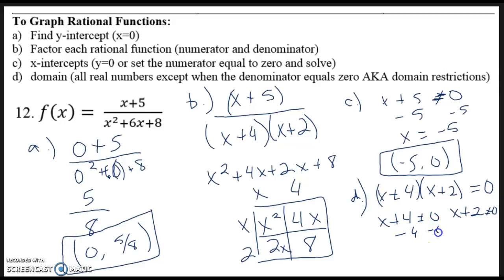Subtract 4. X can't be negative 4. And then subtract 2. X can't be negative 2. There are my domain restrictions. We finished A, B, C, and D.